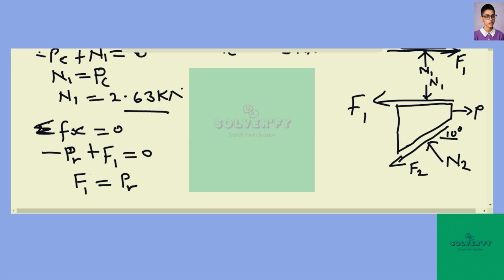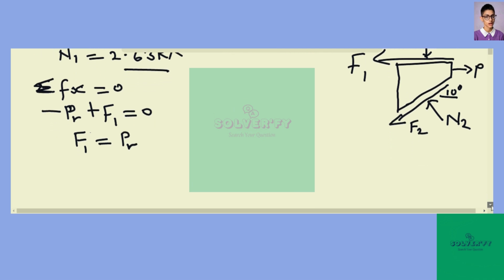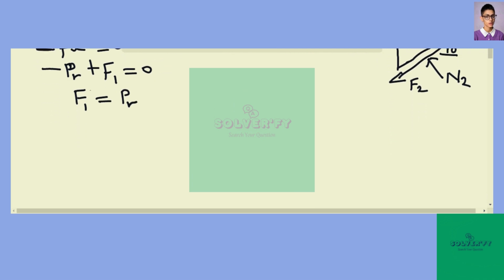Then we can consider equilibrium of the bottom system. If we do that, we are going to have the summation of the forces in the vertical direction equal to zero.